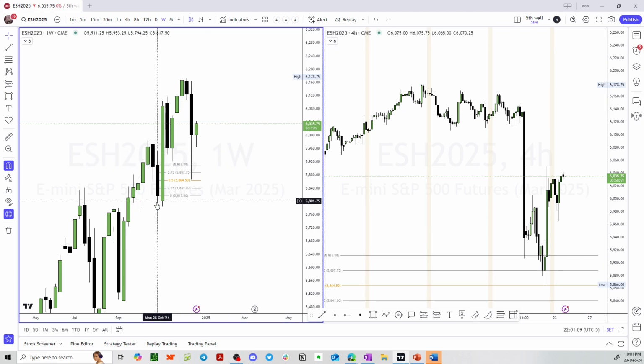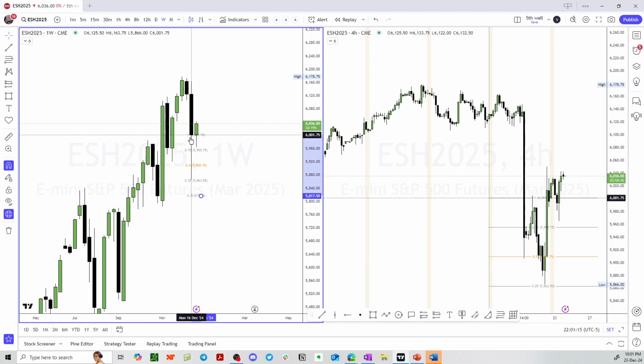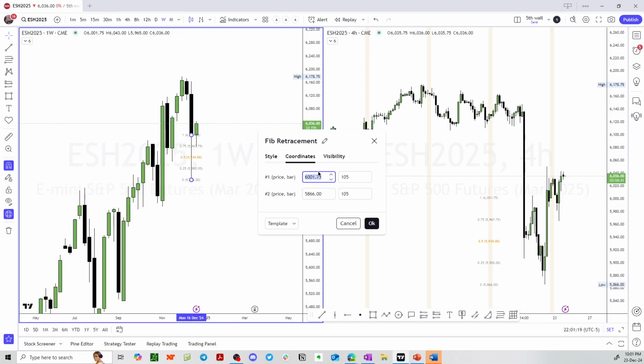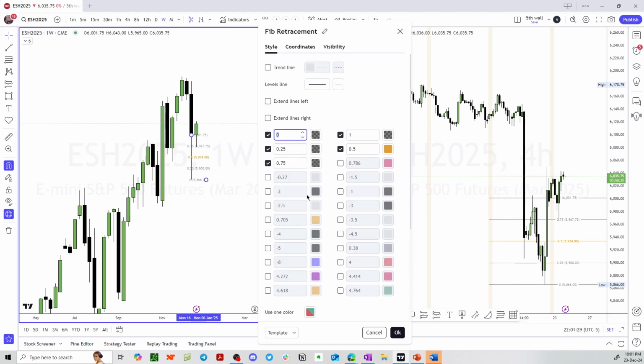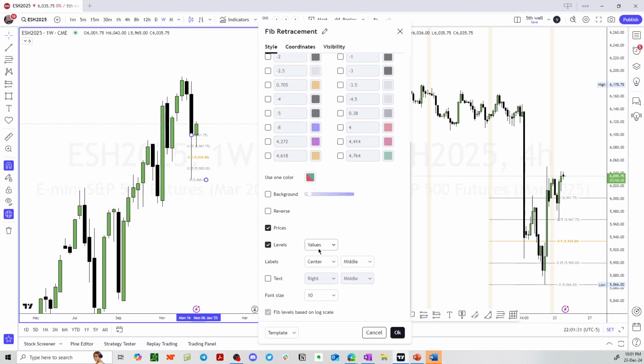You don't have to use order blocks. This is something I use. You could technically use this wick as well. Let's see what that looks like. Technically use the wick, and you can see price is reacting to the quarter of that wick.